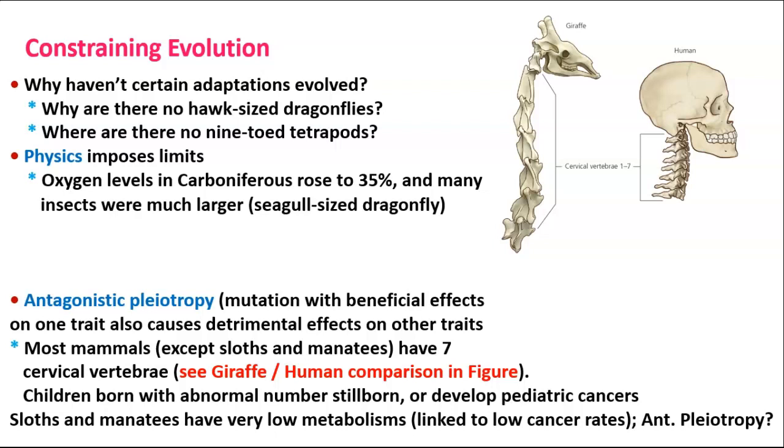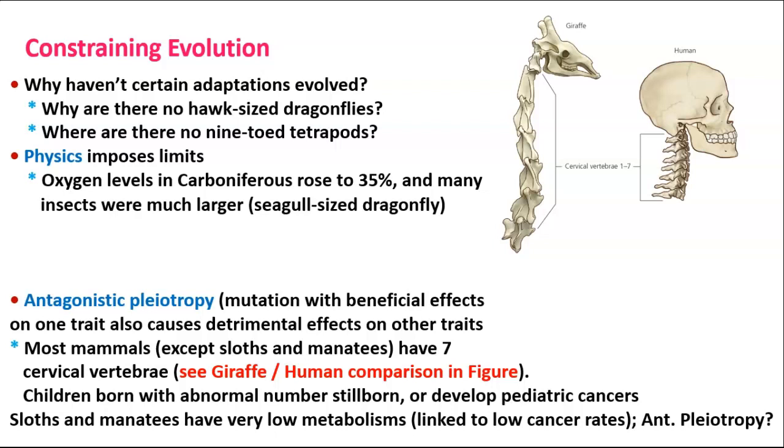So sloths and manatees, as a matter of fact, have more than 7, a different number than 7. And even in giraffes, look at the figure, even with those long, long necks, they still only have 7 cervical vertebrae. They don't have more.